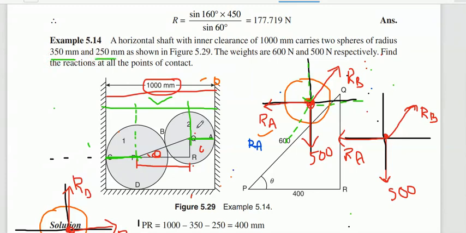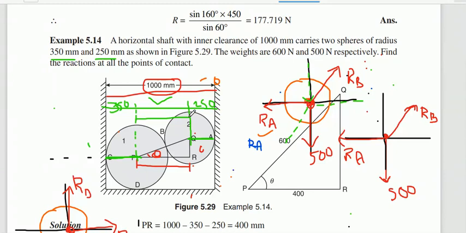The small sphere radius is 250 and the larger sphere radius is 350. 1000 minus 350 minus 250 will give you the distance of PR. Is it clear?